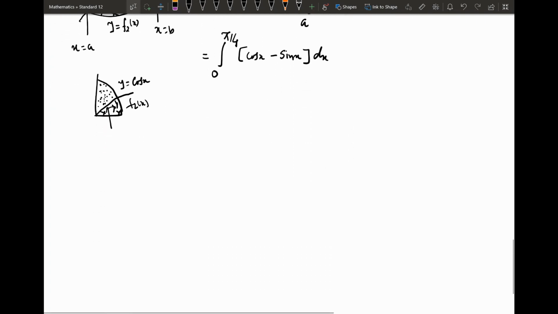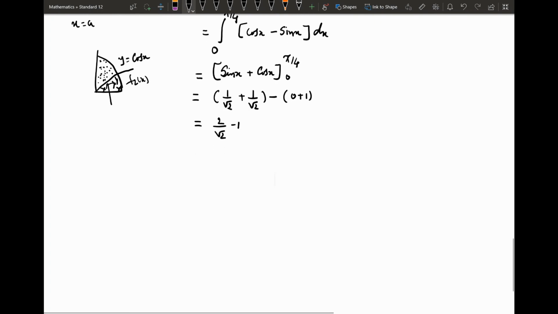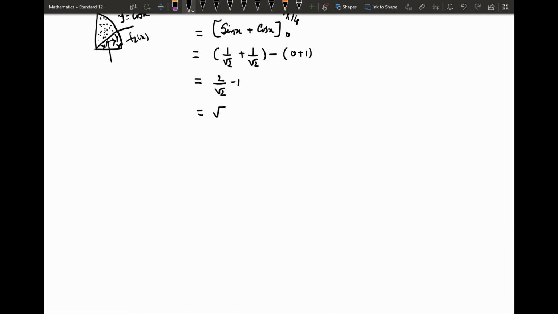Now this is ordinary definite integral, integration of cos x minus sin x is sin x plus cos x, 0 to pi by 4, first put upper limit minus lower limit: sin pi by 4 is 1 upon root 2, cos pi by 4 is 1 upon root 2, minus put lower limit: sin 0 is 0, cos 0 is 1, so 2 upon root 2 minus 1, so simplification it will be root 2 minus 1 square unit.